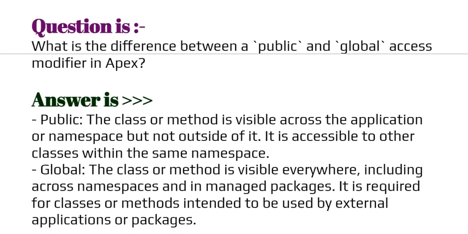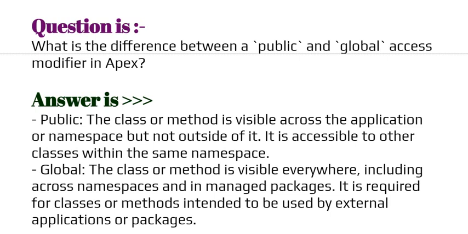Our next question is, what is the difference between a public and global access modifier in Apex? Your answer should be, public: a class or method is visible across the application or namespace but not outside of it.